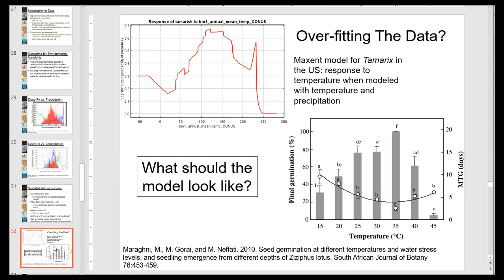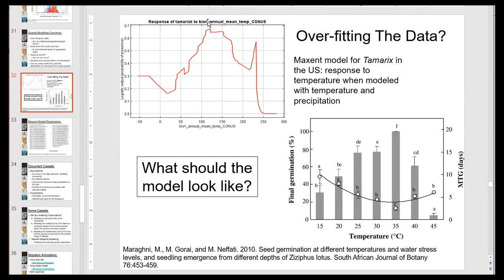So with overfitting, the curve in the upper left is one from Tamarisk that we did with Maxent with the default settings, and that really raised the concerns we had about overfitting. We took that to a plant physiologist, and they confirmed that that is not how Tamarisk is going to respond to, in this case, temperature. It really should look something more like what we're seeing in the lower right, which is from one of the few published greenhouse experiments that we have.